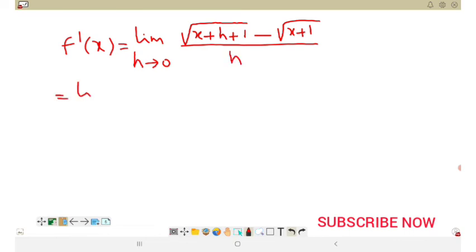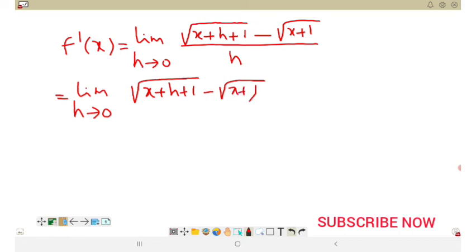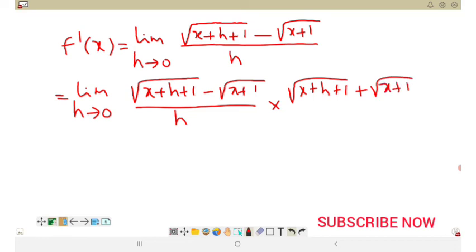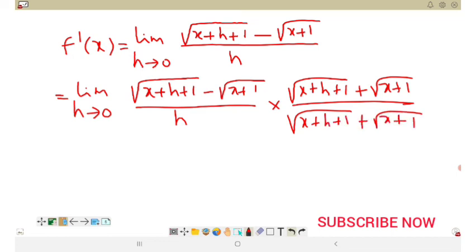Now rationalize, limit h tends to 0, root x plus h plus 1 minus root x plus 1 by h, into rationalize with root x plus h plus 1 plus root x plus 1 by root x plus h plus 1 plus root x plus 1.